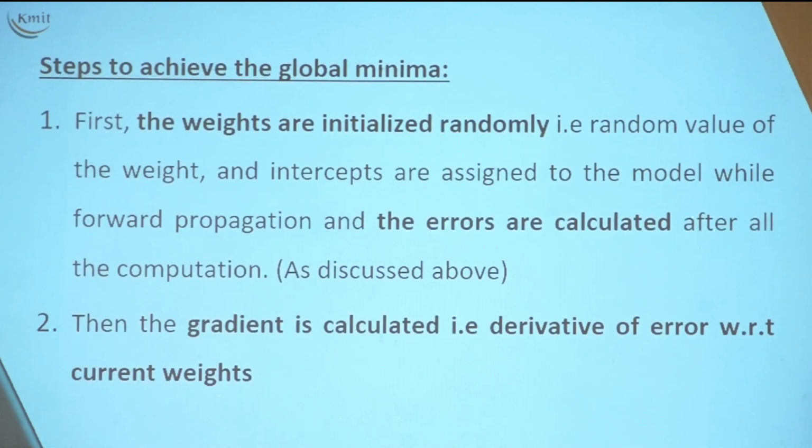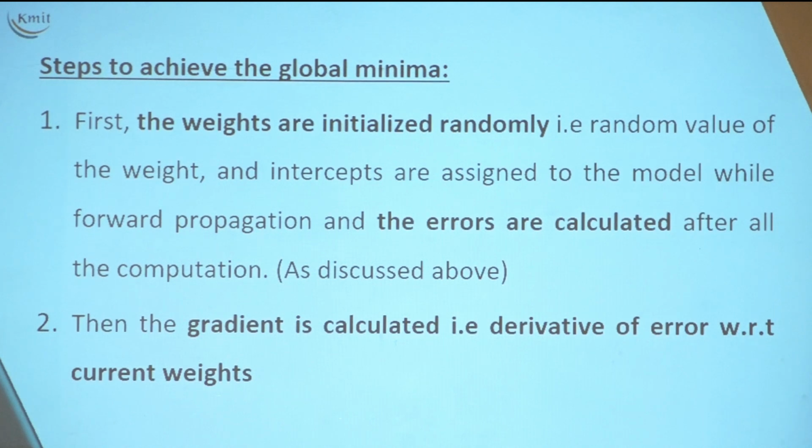Now, how do we get this global minima? How does the gradient descent algorithm work such that the weights it assigns will produce a low cost function? First, the weights are initialized randomly. That all of us know, right? Using the rand function from NumPy, we assign the weights randomly.